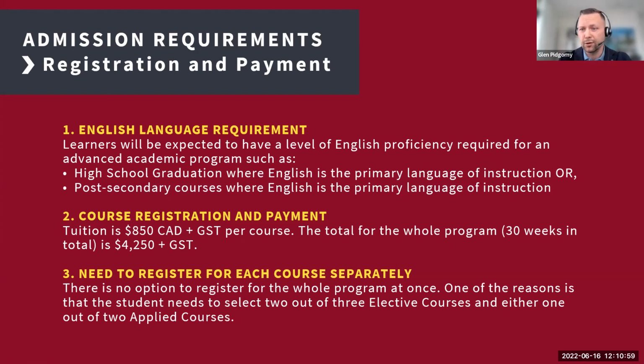I'm stating Canadian dollars because the good news is that for potential students who apply, let's say from the US, it is going to be cheaper by about 24%. For now, there is no need to register for the whole program at once. The reason is pretty simple, because some of the courses are selective. So you need to select 2 out of 3 elective courses and 1 out of 2 applied courses.